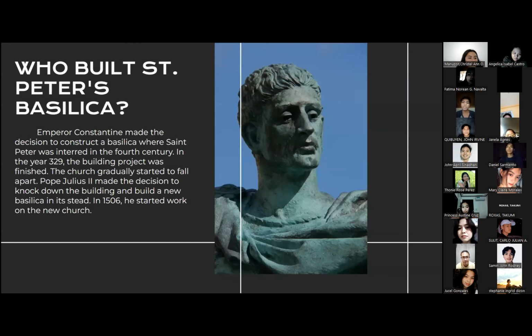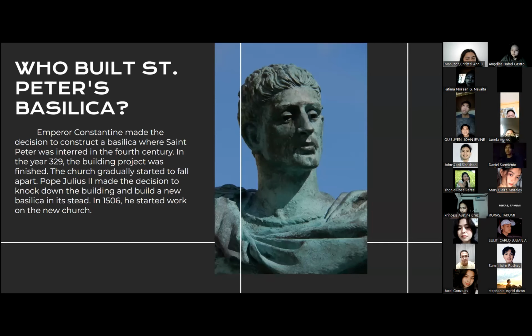So who built St. Peter's Basilica? In the 4th century, Emperor Constantine made the choice to build the basilica where St. Peter was buried. If you remember, Emperor Constantine was the first emperor who converted to Christianity. He's also the one who spread Christianity.